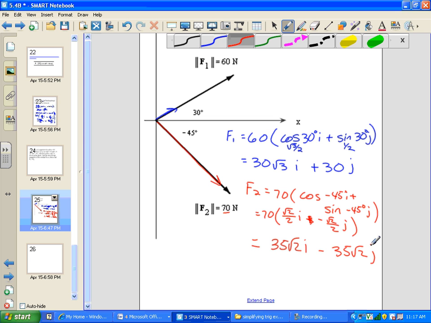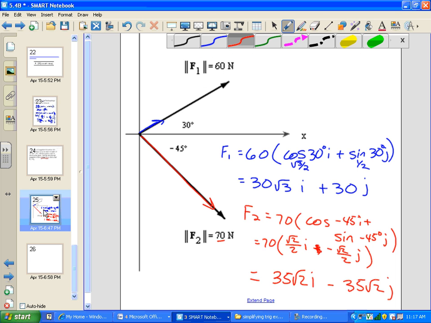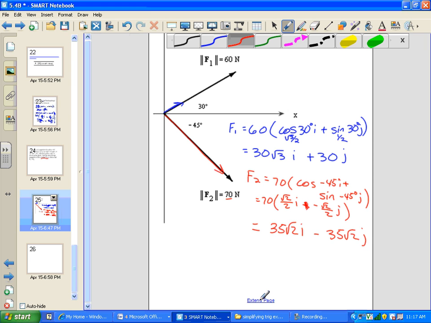Okay. Now, go back to what the problem asked you. So those are my vectors for F1 and F2. It says find the direction and the magnitude of the resultant force. What is the resultant force when I take the two vectors and add them together? So let's add them together.